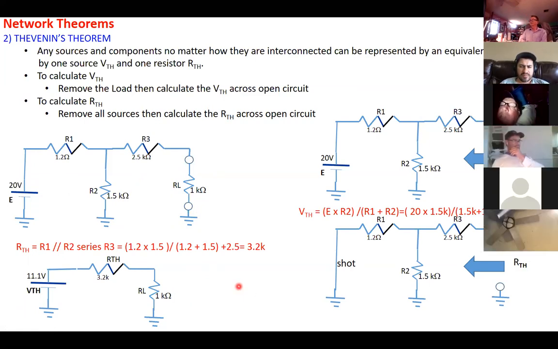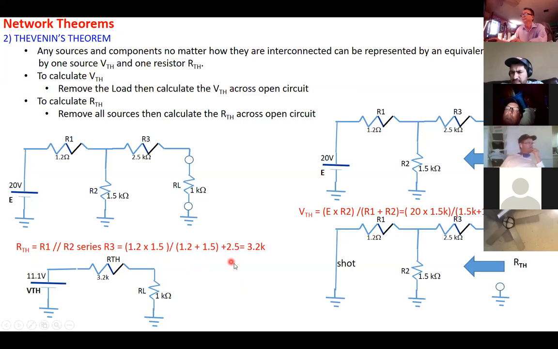Just as a housekeeping message, R1 should be 1.2 kilo ohms. He's referring to the first circuitry, the R1 right there, on the left side.